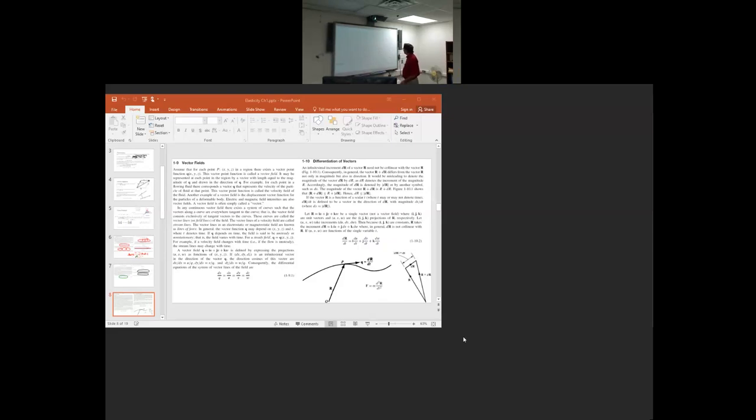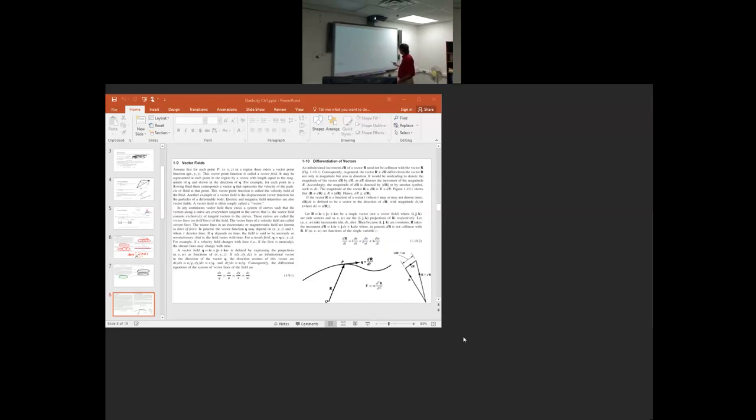So at that point, dr/dt basically is defining the velocity, which is tangent to the change of position, as you can see on this curve. And if you differentiate this again, then of course you will get acceleration.